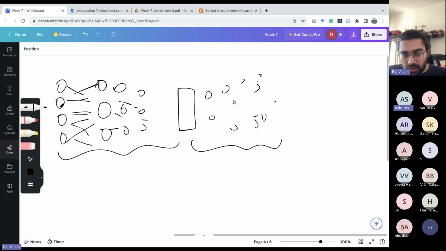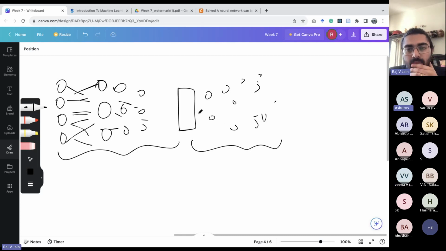So encoder and decoder are themselves neural networks only, right? You have input layers, hidden layers, etc. Generally the central-most hidden layer is taken as the boundary of your encoder and the decoder.